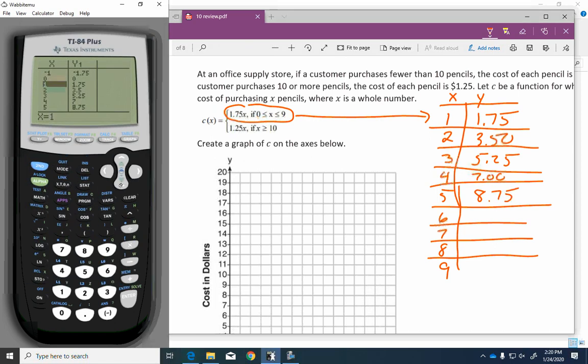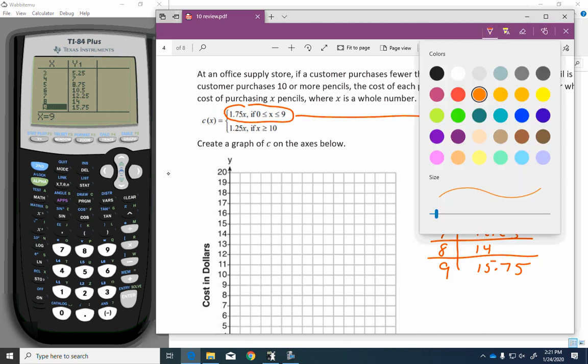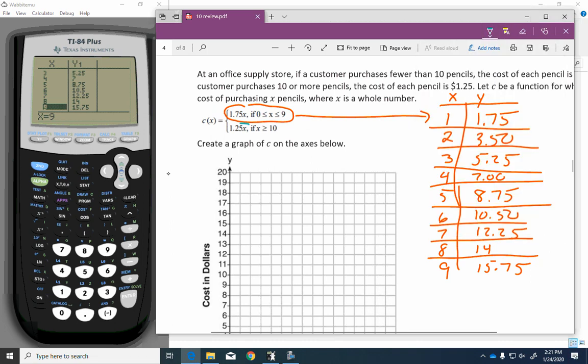Just scroll my calculator down a bit. While I'm here, I might as well just stay on my graphing calculator for a moment and graph this, where if you buy 10 or more pencils, you're only paying $1.25 a pencil.